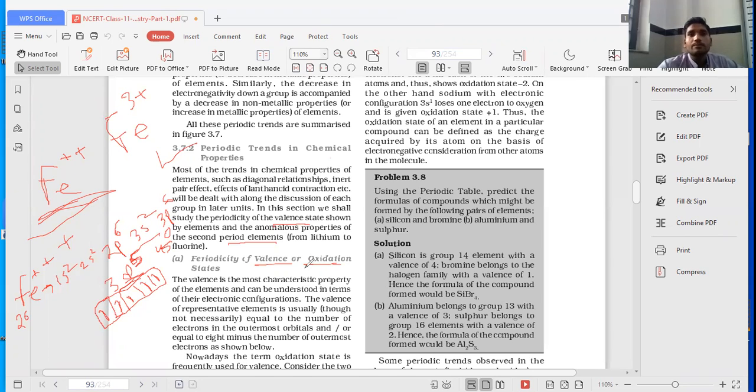But this was not my point of discussion. My point of discussion was valency or oxidation state, right? So what is valency? Valency of Fe2+ is 2, the combining capacity is 2, and valency of Fe3+ is 3, right? But oxidation state is 2+.